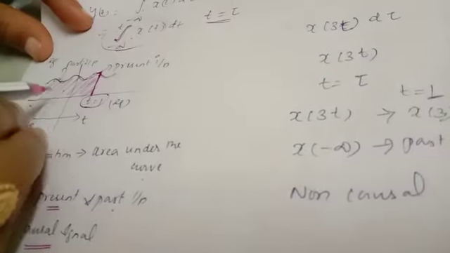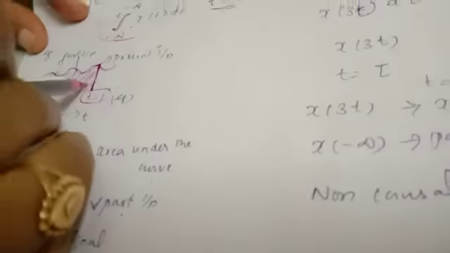Integration is the area under the curve for t from minus infinity to t. Checking at any time, say t equal to 1, it depends on the past and present value of input. So the system is said to be causal.